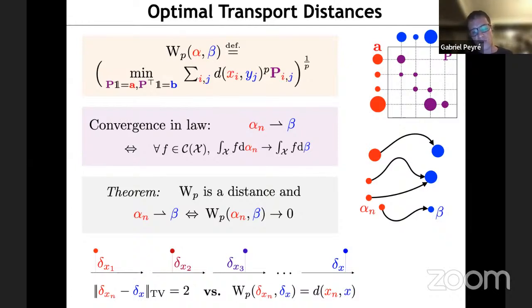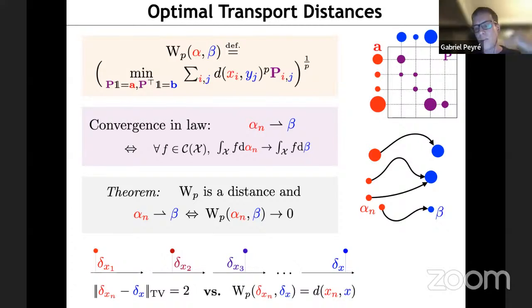In sharp contrast, if you look at the Wasserstein distance between two Dirac masses, there is a single way, of course, to send a Dirac to another one. And since you raise the distance to the power p and then to the power 1 over p, you see that the Wasserstein distance between two Diracs is equal to the ground distance itself, little d. So this is really the meaning of the lifting mechanism.